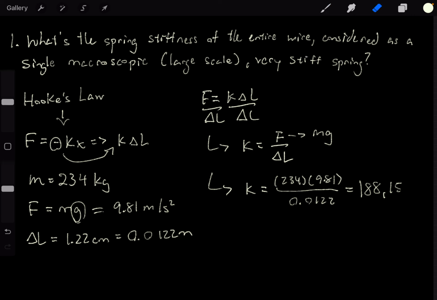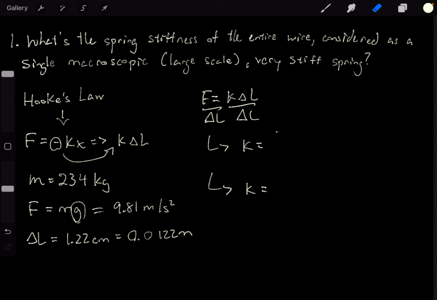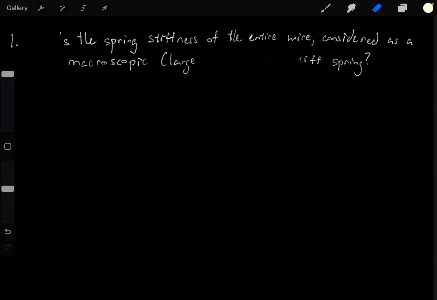Now let's delete this. Alright. Question 2 states, how many side-by-side atomic chain long springs are there in this wire? This is the same as the number of atoms on the bottom surface of the iron wire.